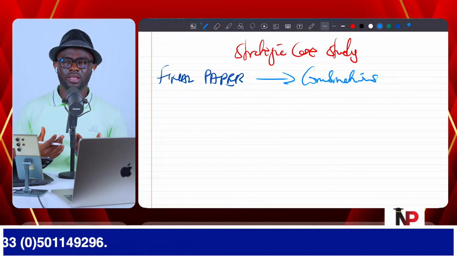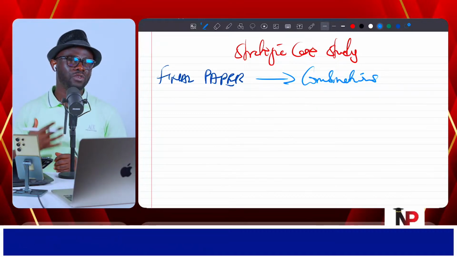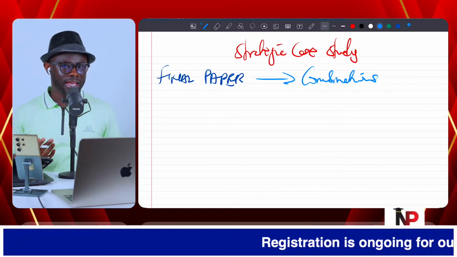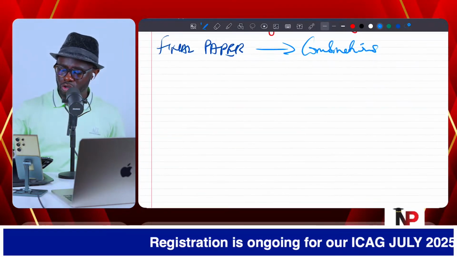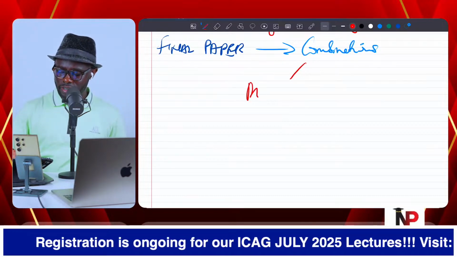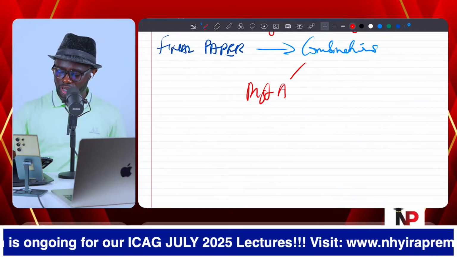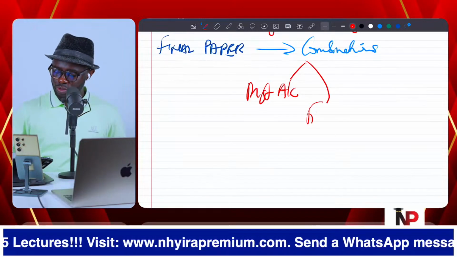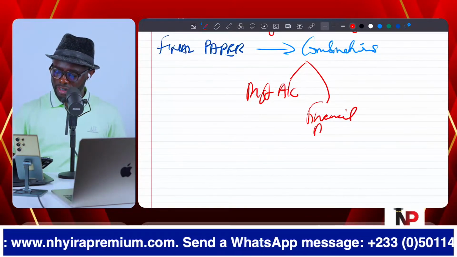What does that mean? It means that there is a significant portion of the syllabus that you have already learned. So you're going to be seeing some management accounting issues here. You will see things in financial management here.